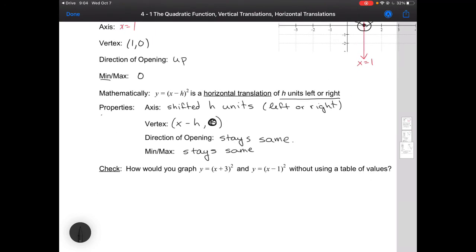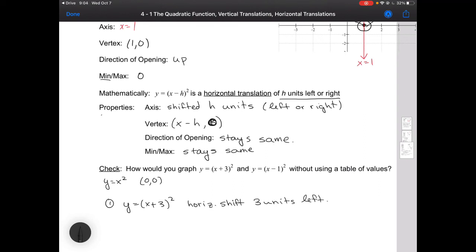So what we can look at is how we would graph y equals x plus 3 squared and y equals x minus 1 squared without using a table of values. So we're going to start always with our parent function, y equals x squared, where our vertex is 0, 0. So our first equation, y equals x plus 3 squared, we would have a horizontal shift 3 units to the left.